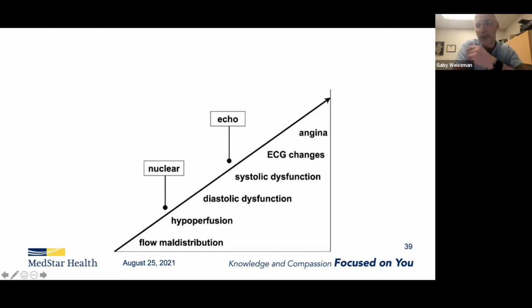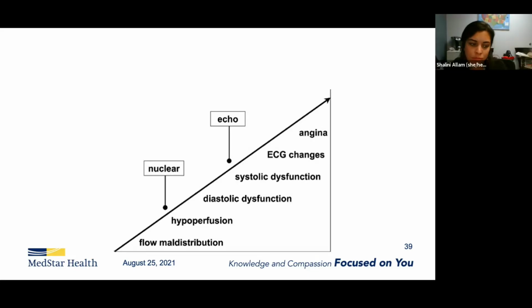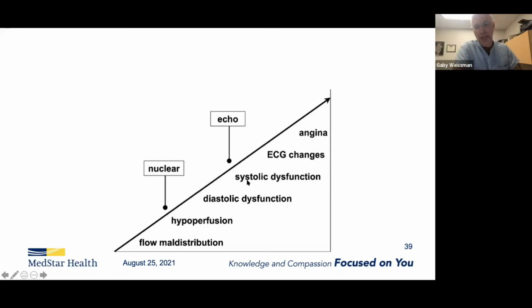And the data bears that out: if you look at sensitivity and specificity data, a nuclear stress test is about high 70s for sensitivity, and an echo is low 70s. So slightly less sensitive, presumably because it takes a more severe lesion to be picked up, because you have to keep it along in your course.